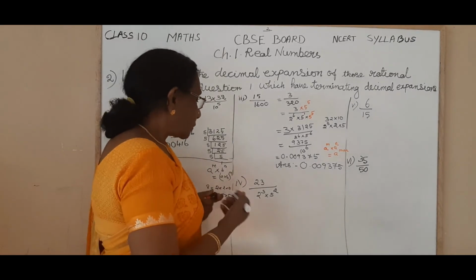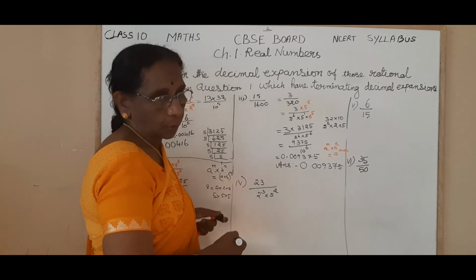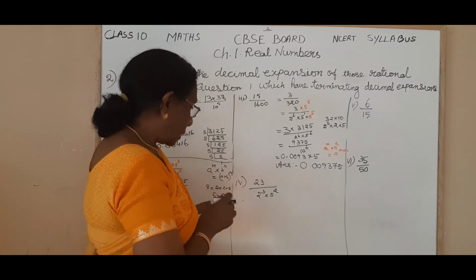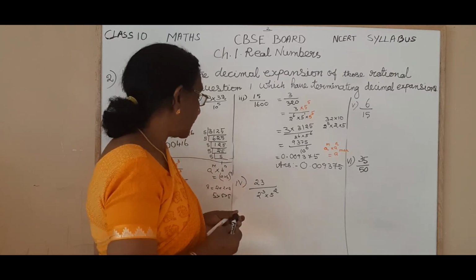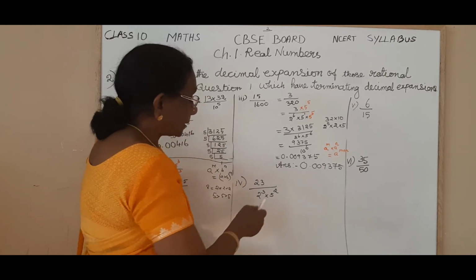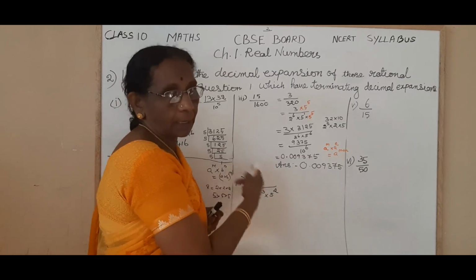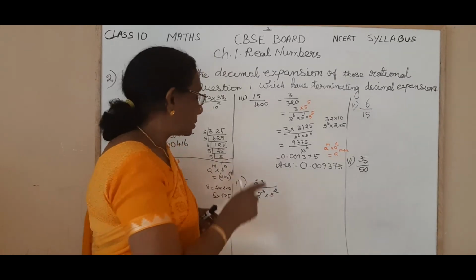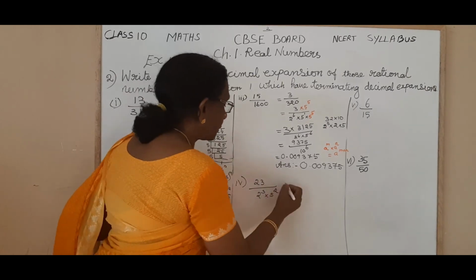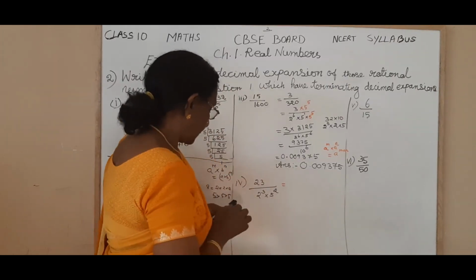Isn't it, children? So it is easy for us to do. So what should you do? You have to equalize. Only thing is you have to equalize the power. So what is the highest power? 3. So how many decimal places will this rational number have? 3 decimal places.